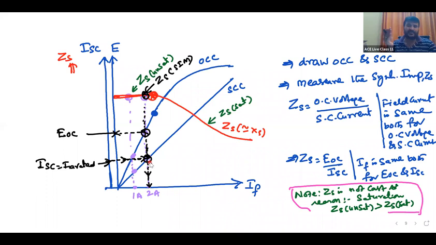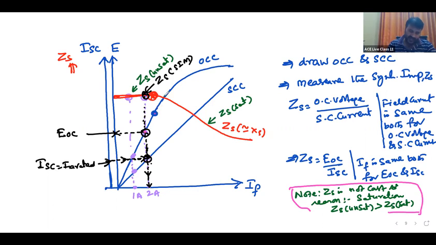Once ZS is more, regulation is also more. ZS measured in this method is not the correct one, it is more than the actual. Strictly speaking, we have taken the short circuit condition where field poles are active, but the machine actually operates above the knee point. In practical cases, it never operates below the knee point.